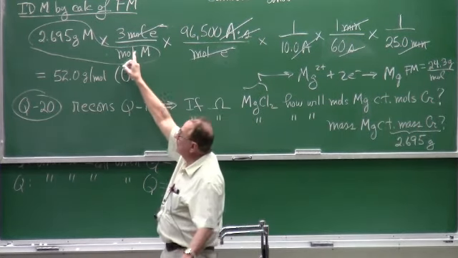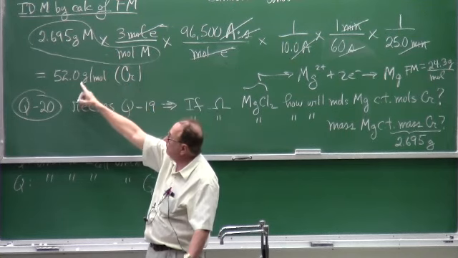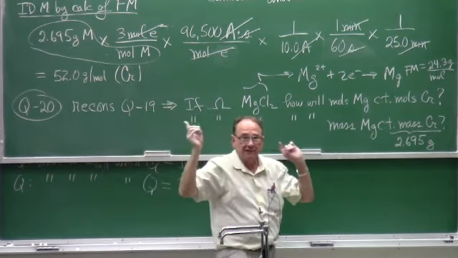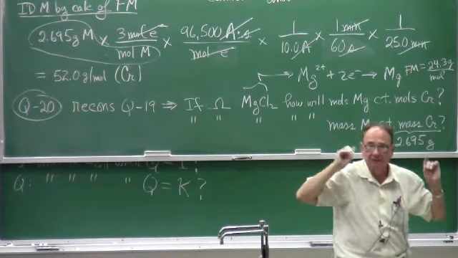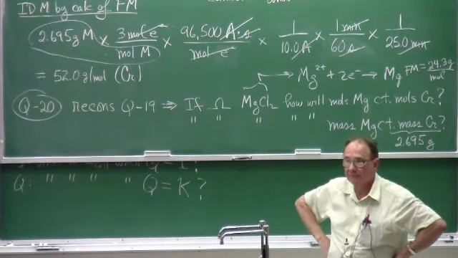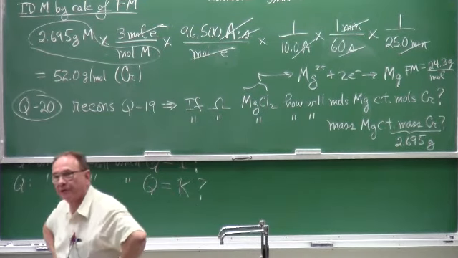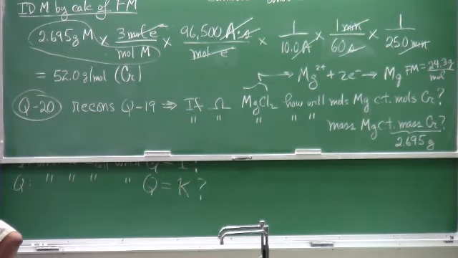And by this calculation that we did to answer question 19, the formula mass of chromium is written here. How do the formula masses of these two metals compare? The formula mass of chromium is more than double the formula mass of magnesium, isn't it?